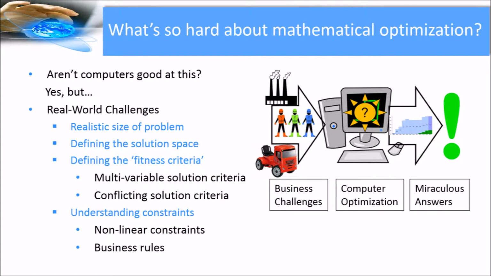One of the challenges that we run into is that everyone thinks computers are magic boxes. You pour your data in one side, a miracle happens, and answers to your business challenges pop out. Computers are really good at processing large quantities of numbers and millions of rote calculations, but they're not magic.